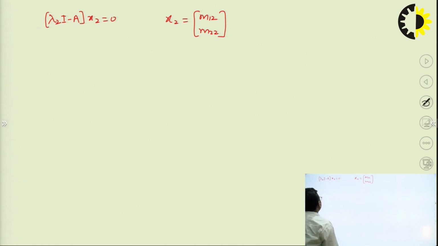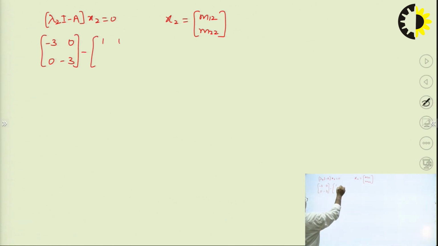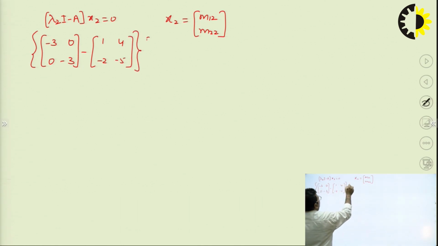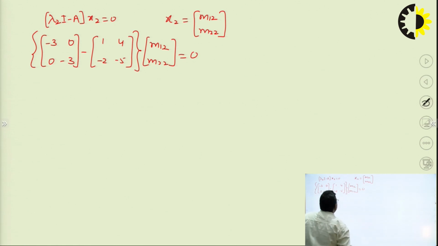So this will be [minus 3 0; 0 minus 3] minus [1 4; minus 2 minus 5], into m12, m22 is equal to 0.